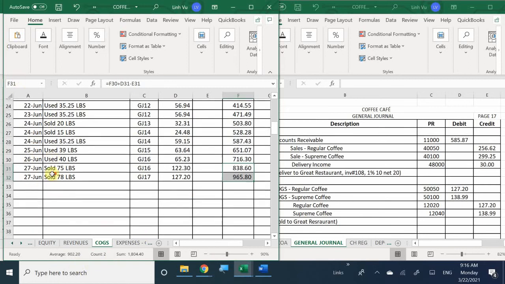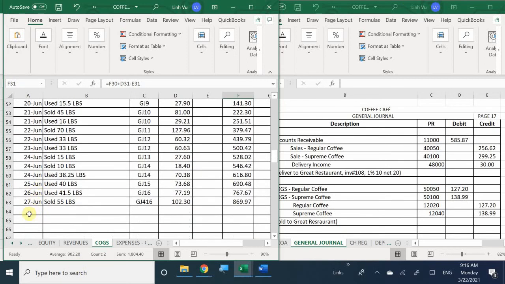Good. And then we're going to sell our Supreme coffee. We sold how many pounds? 75. For 138.99. So therefore, what should be my remaining? 1008.96. Good. So now we're going to update our inventory.